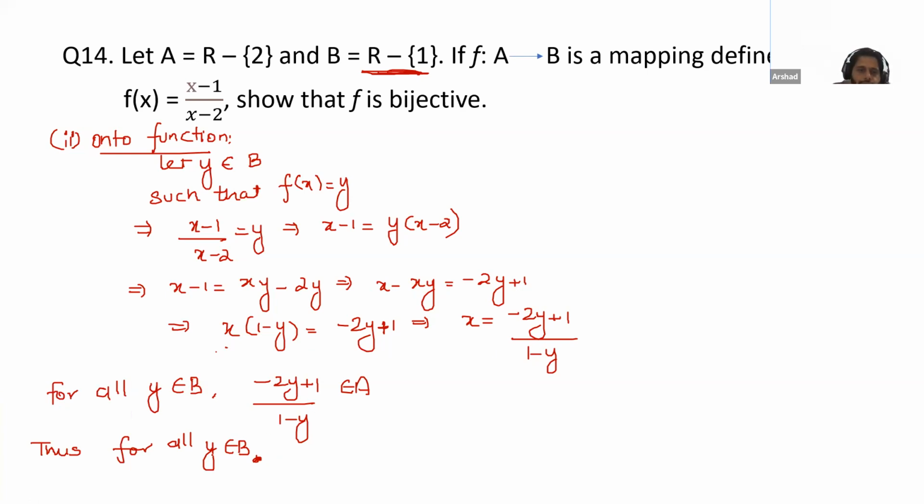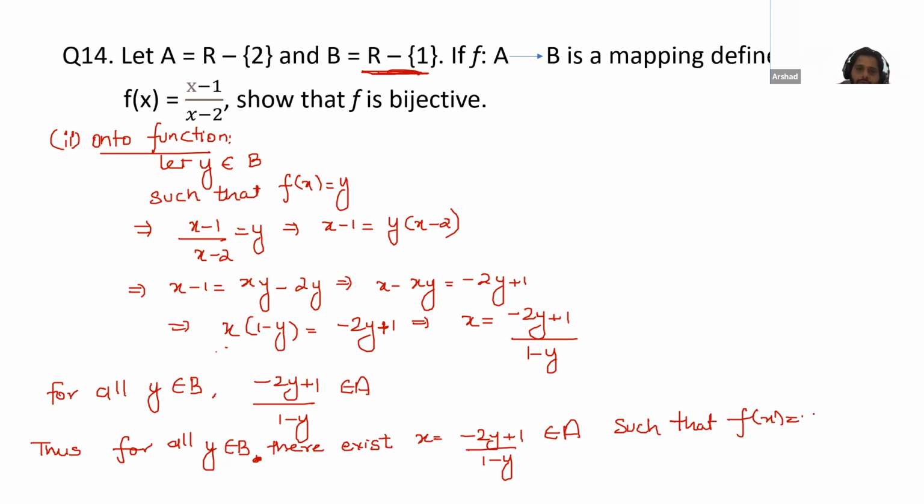Yes. So we are saying this: for all y belongs to B, there exists x equal to (minus 2y plus 1) by (1 minus y) belonging to set A, such that, the same language which we always write, such that f(x) is equal to y.